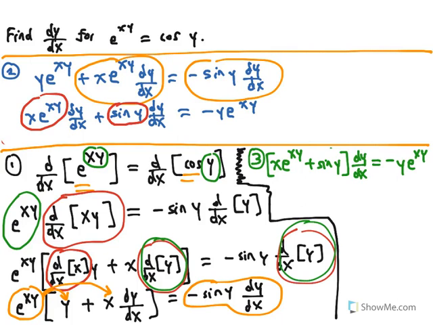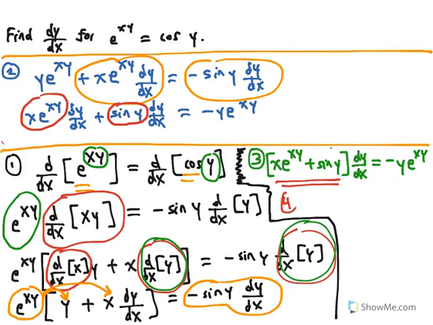So now I'm ready to do my final step, which is, of course, to solve for dy dx. And that can be done by dividing both sides of the equation by the factor that is multiplying dy dx on the left side of the equation.